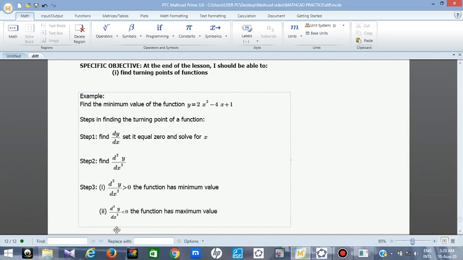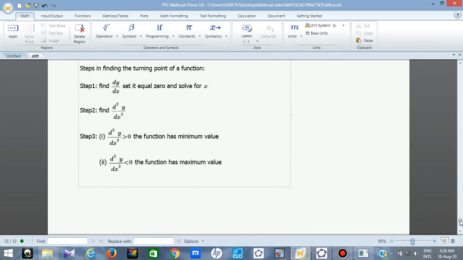So that is one thing you should take note of. Then the last condition, though I'm not going to explain that here, is a point of inflection. So that is the third condition, but we don't really need that one for now.